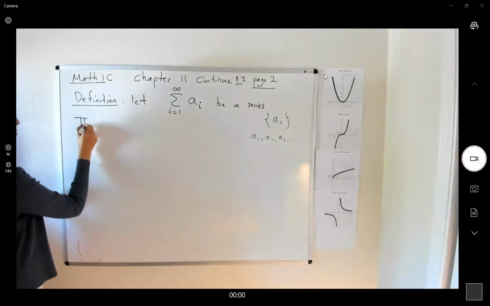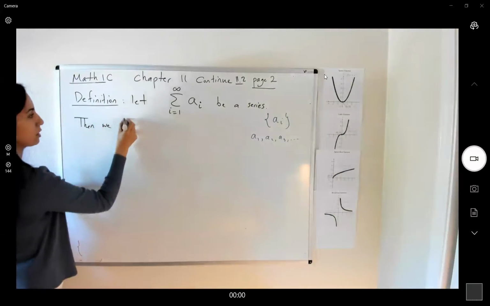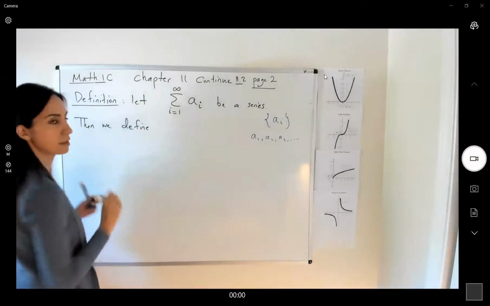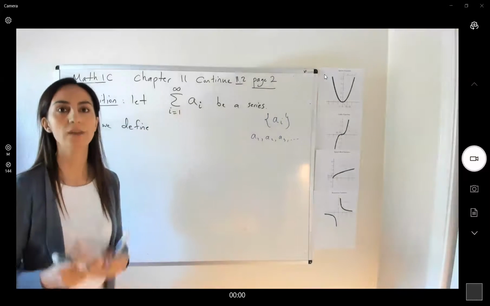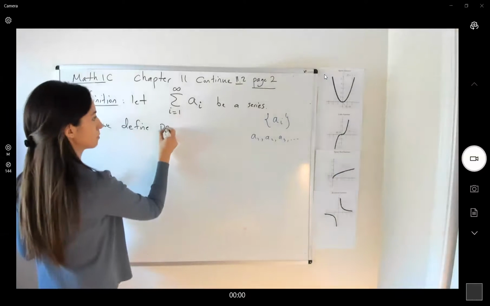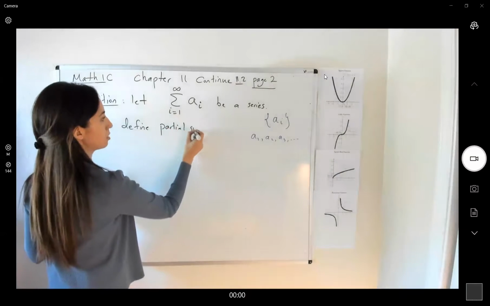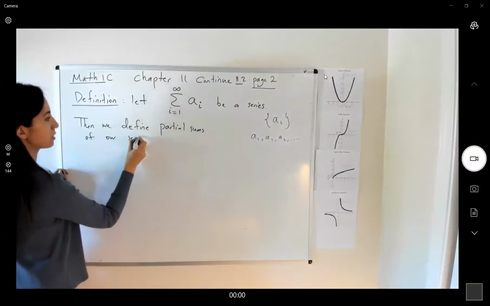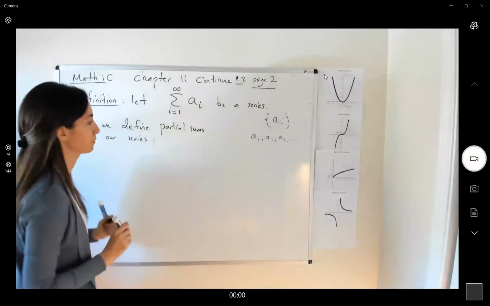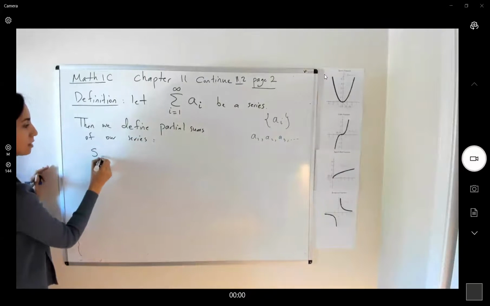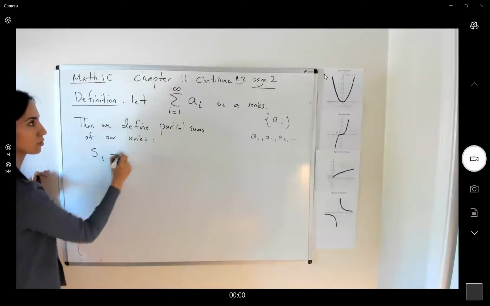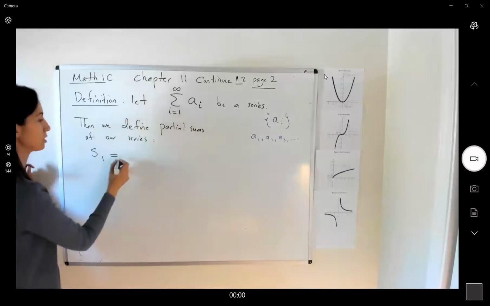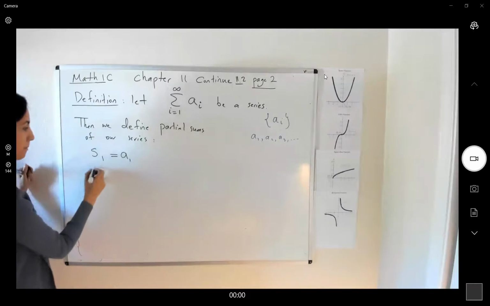Then we define something that we call partial sums of our series this way. We say that S sub 1 is equal to the very first term of this series, a sub 1.